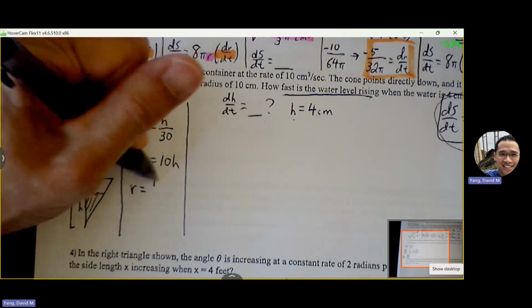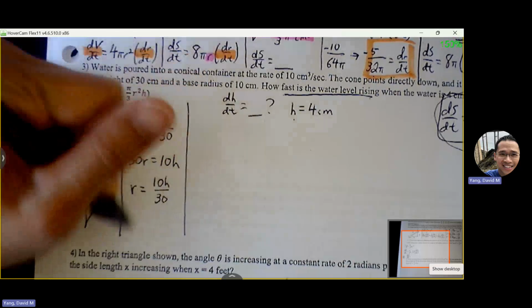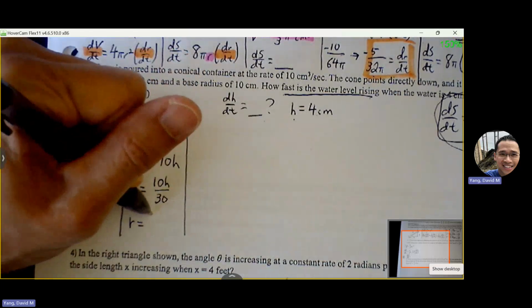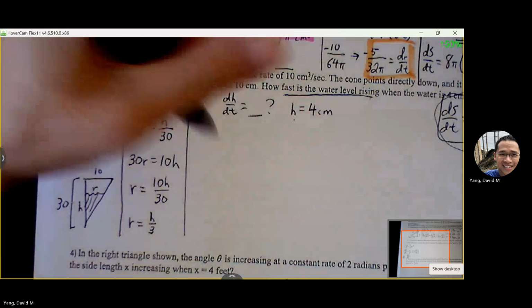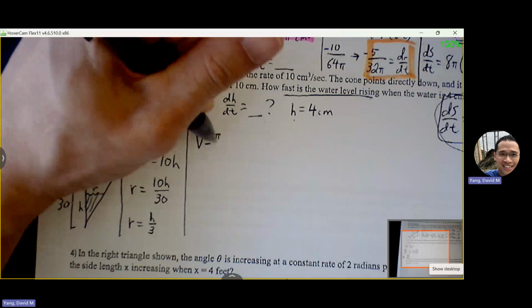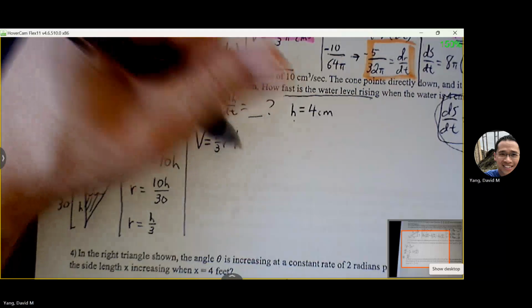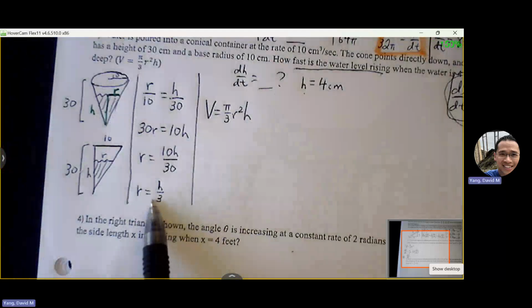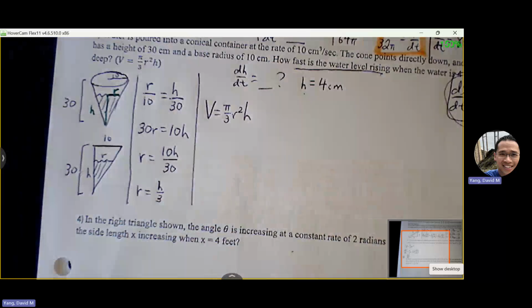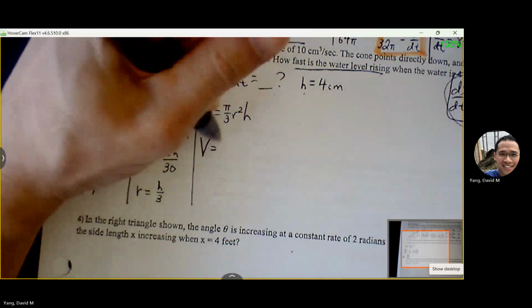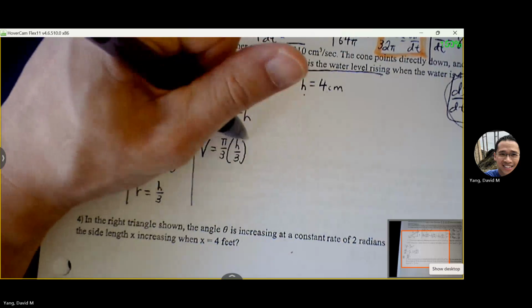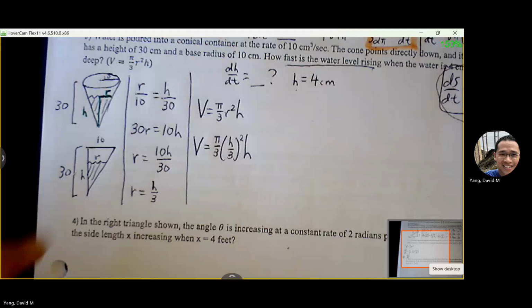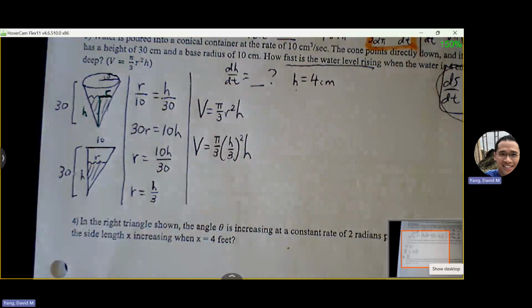R is equal to 10h divided by 30. Therefore, r is equal to h over 3. So I'm now going to update my volume equation. Replace h over 3 in for r. We do want to eventually find the derivative, but right now is not the time.